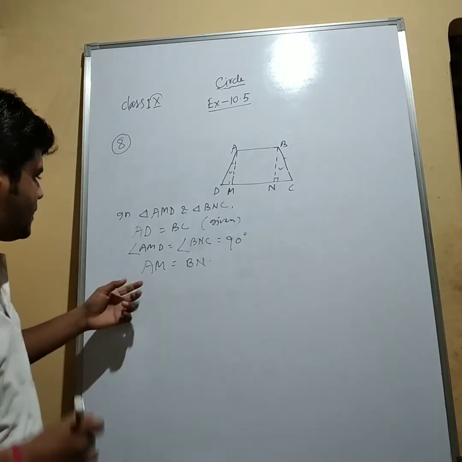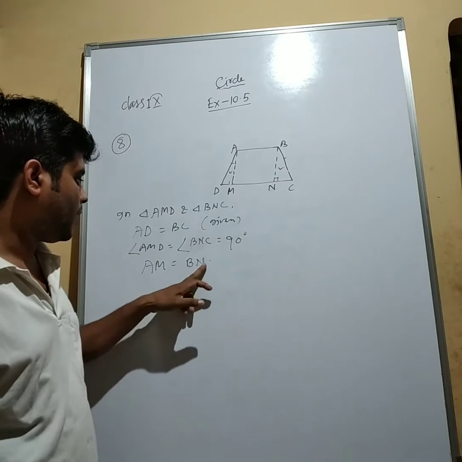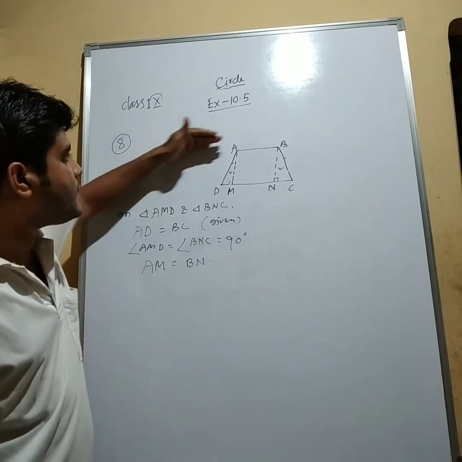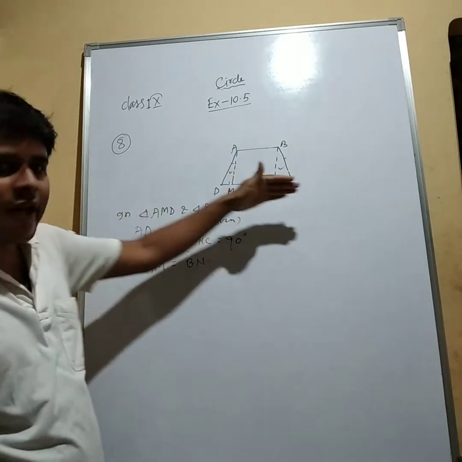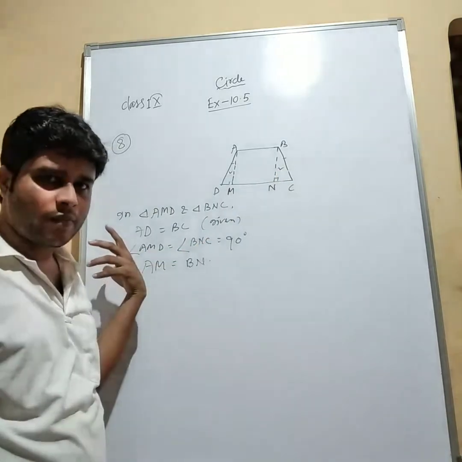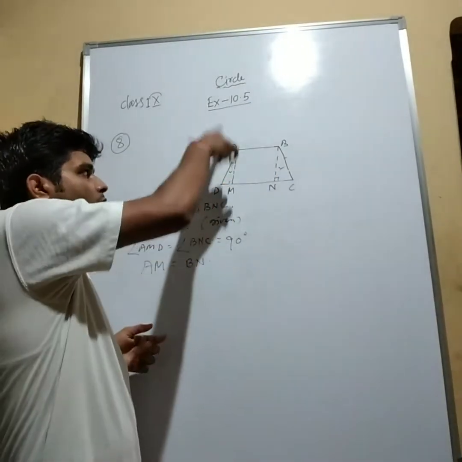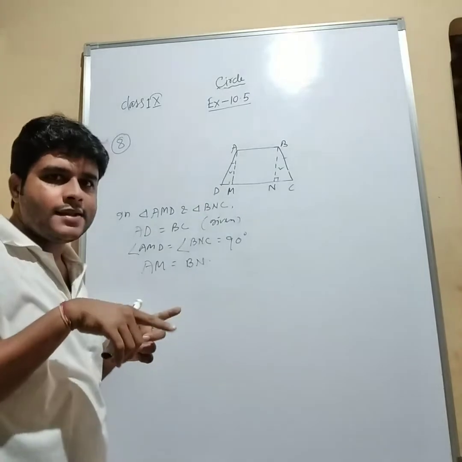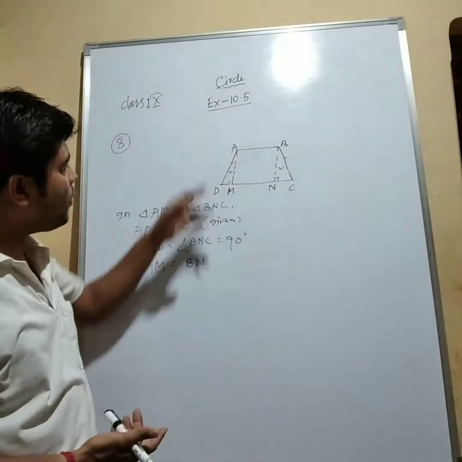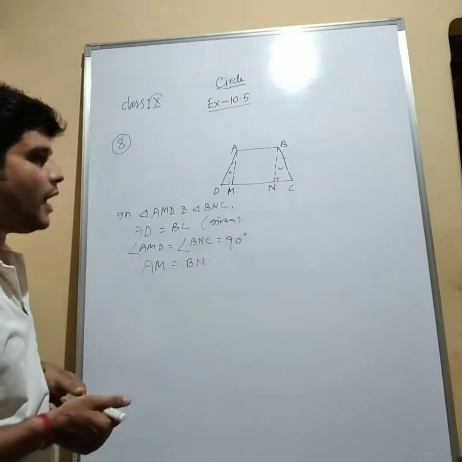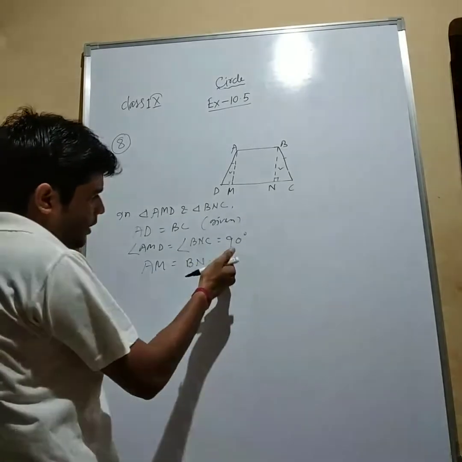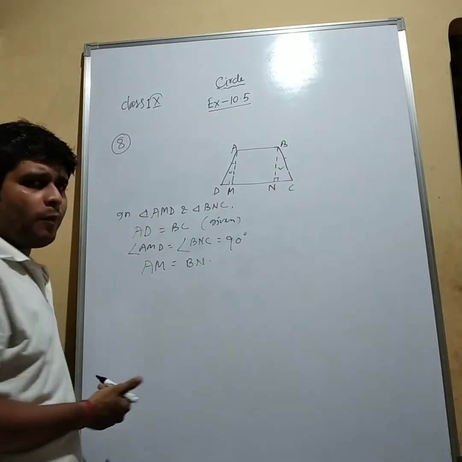These lines AB and CD are parallel by the definition of a trapezium, and the perpendicular distance between two parallel lines is always equal. So AM and BN are the same. For the reason, you write: distance between two parallel lines.